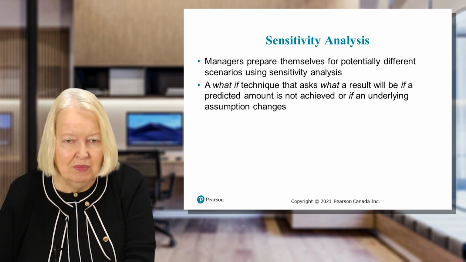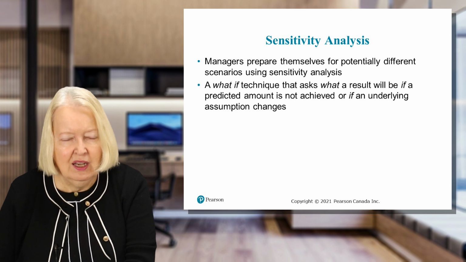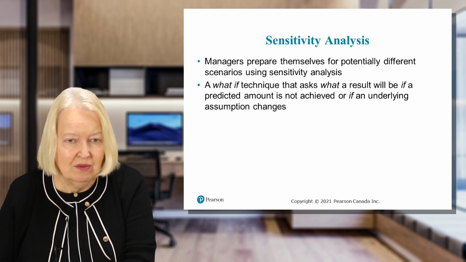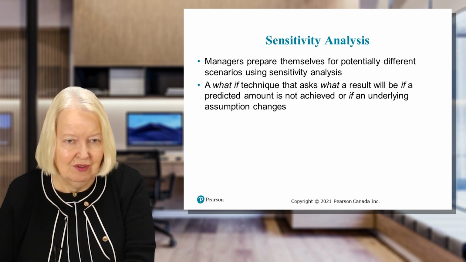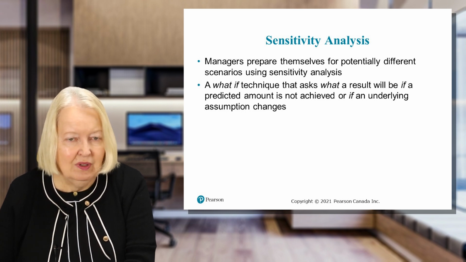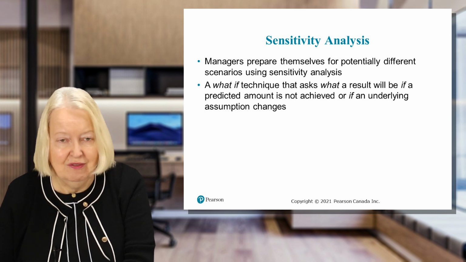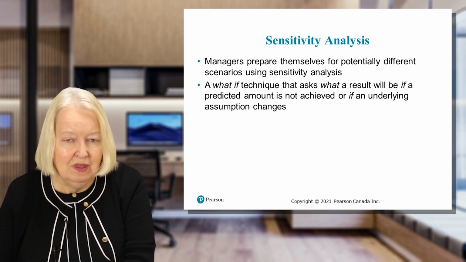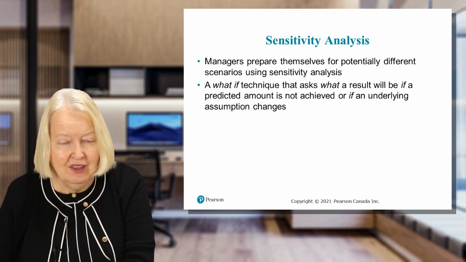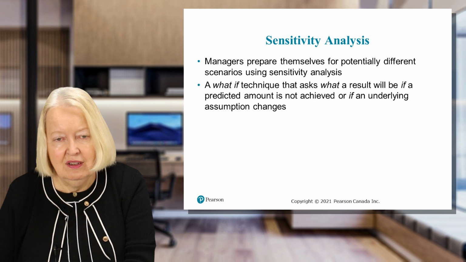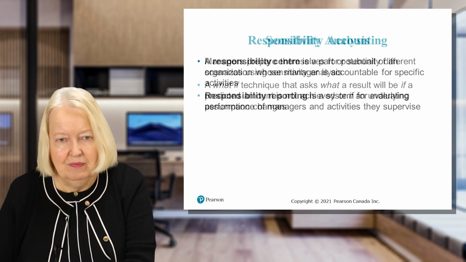But most companies would do some sensitivity analysis, so they would look at, okay, what is the situation going to be if I sell only 25,000 instead of 30,000? And what would it be if I sold, say, maybe 32,000 units instead of 30? So that's what we mean by what-if analysis. So what if the sales are a bit higher than I had expected, or what if they're a bit lower?